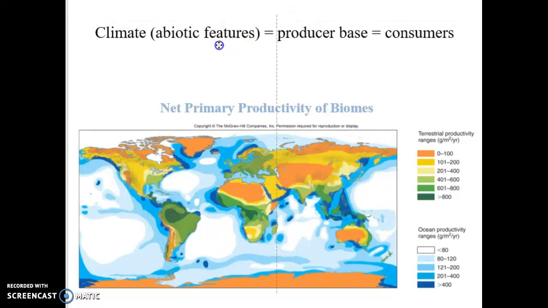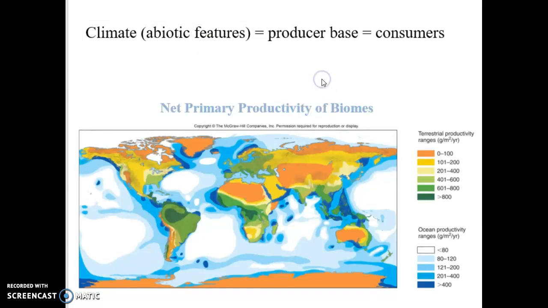So to start with, let's look at energy. Remember in the previous lectures we talked about energy, and we talked about food chains and trophic pyramids, and we drew that out, and we talked about energy flows from one level of the food pyramid to the next, and so on.